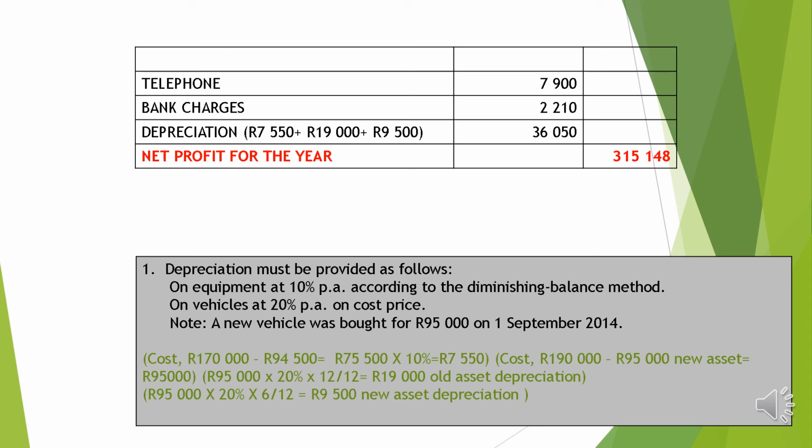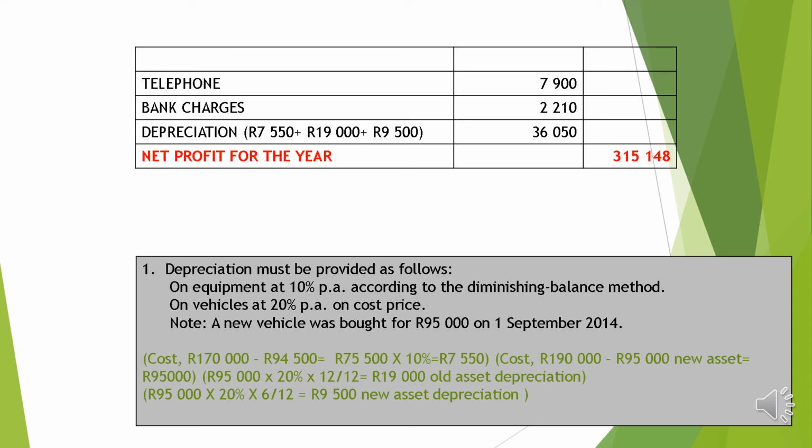Then let us now look at the second instruction with regards to vehicles and depreciation. On vehicles, at 20% per annum on cost price. So cost price, we are only applying the rate to our historical cost. Accumulated depreciation or carrying value is not affected.